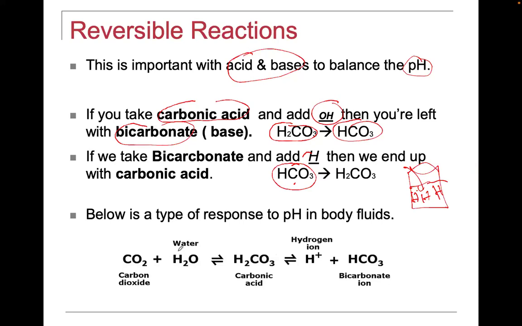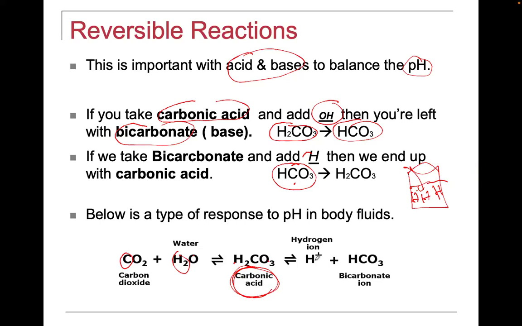Here's the H2, here's the C, you have 2 oxygens plus this, and now you have 3. H2CO3, that's carbonic acid.